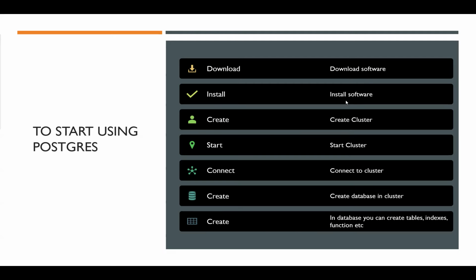Once we install the software, we need to create the cluster. Once we create the cluster, you need to start the cluster. Then we can connect to this cluster. Then you can create any number of databases on top of that cluster. On that database, we will create tables, indexes, and a number of objects, and do granting of permissions, backups, whatever we can do.